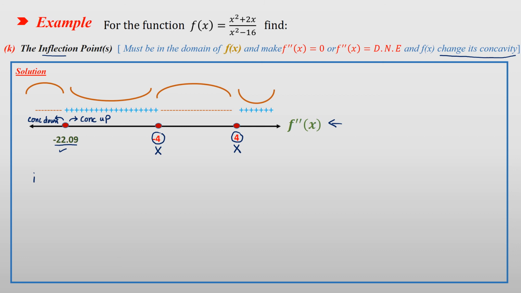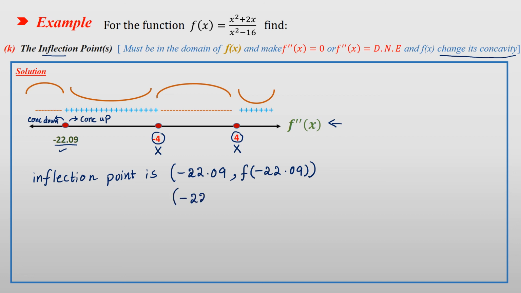So the inflection point is negative 22.09, and the image of this x value in our function. You have to replace negative 22.09 in f of x, and using a calculator you can find that the value of f at this x equals 0.94. So this is our inflection point.